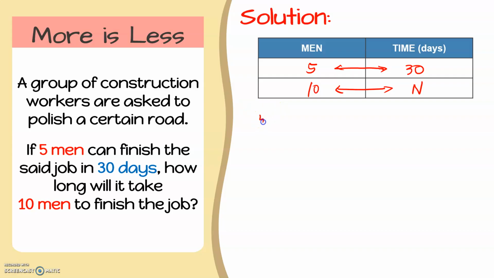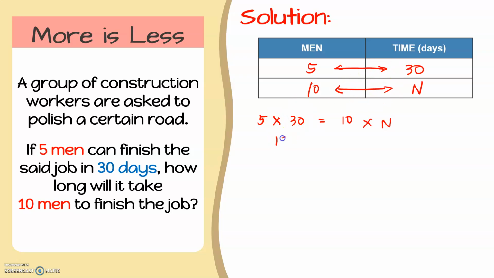So let's have it here. We will have 5 times 30 will be equal to 10 times n. Again, we will not use cross multiplication because this is not a direct proportion. We are now dealing with inverse proportion, quantities that are inversely proportional to one another. So we will multiply the quantities on the same row.